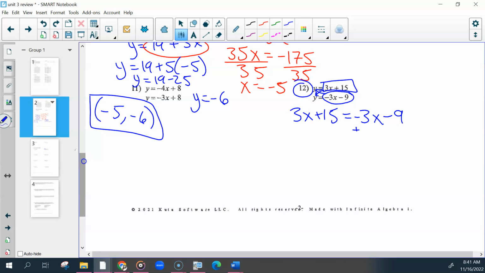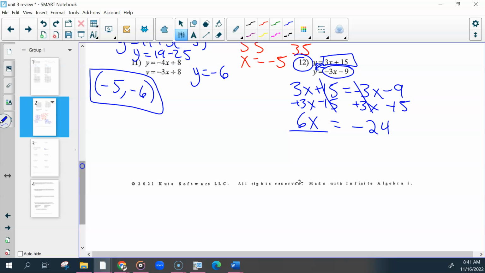So then I can add 3x and subtract 15. And divide to solve for x.